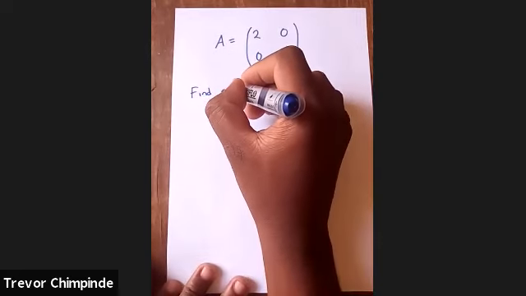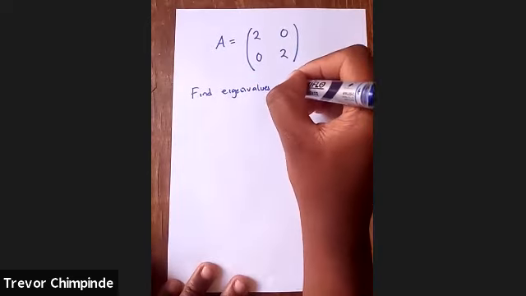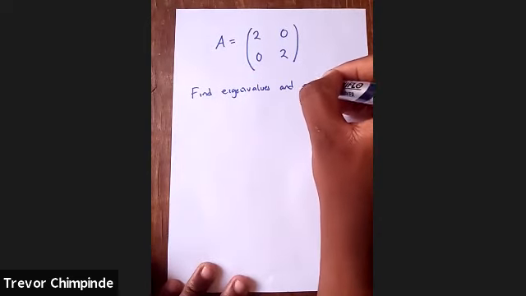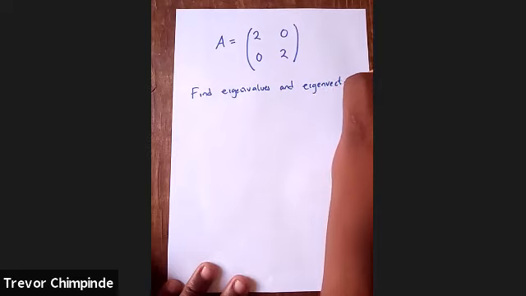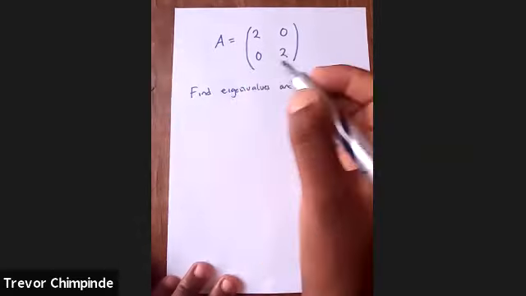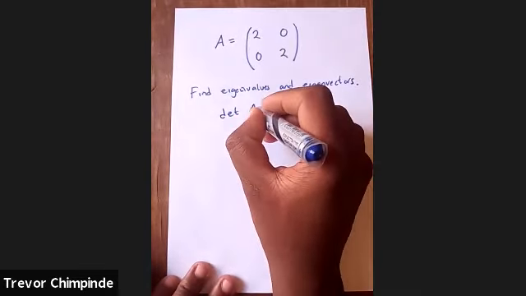So find eigenvalues and eigenvectors. Again, the determinant of A minus rI, and you're equating this to 0.